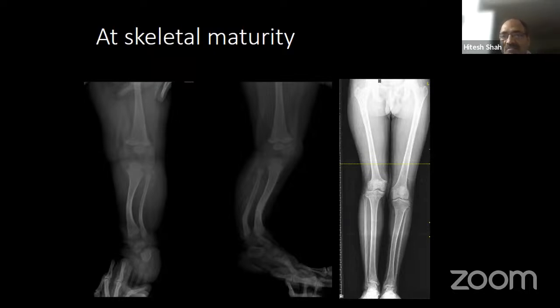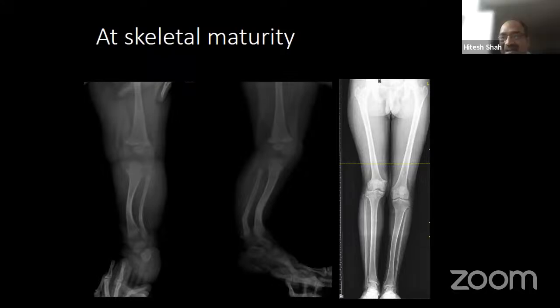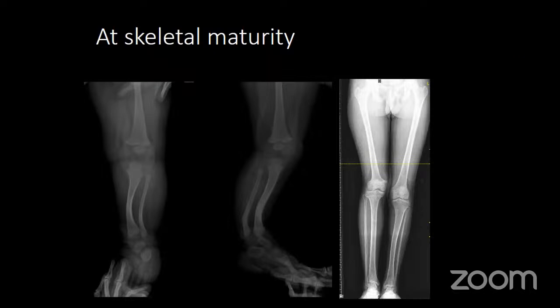One simple question: what will happen if we give more raise? If a person has got 10 centimeter limb length discrepancy, will you give a 4-inch raise? No, sir. Okay. So why? More sole raise will maybe cause difficulty in walking.